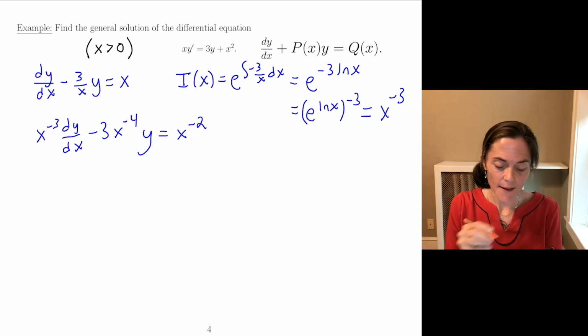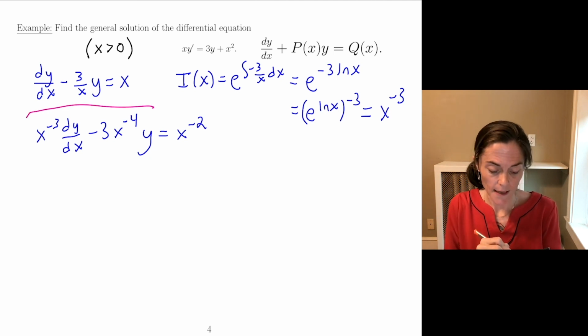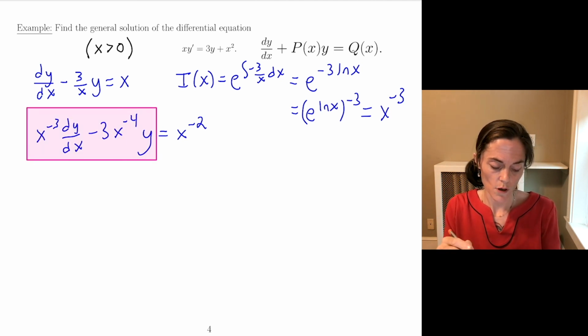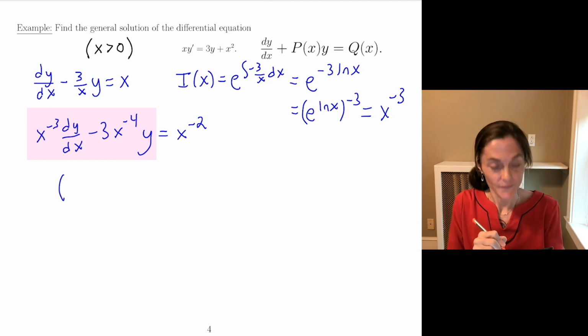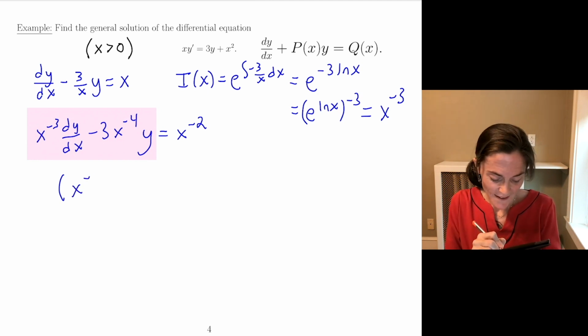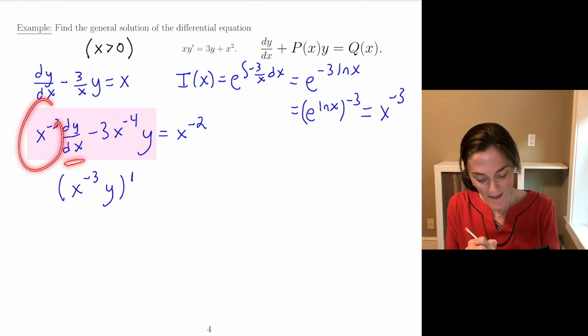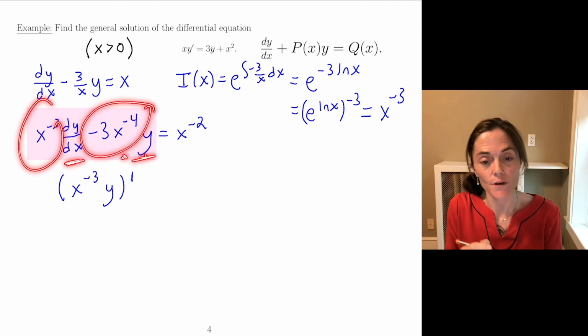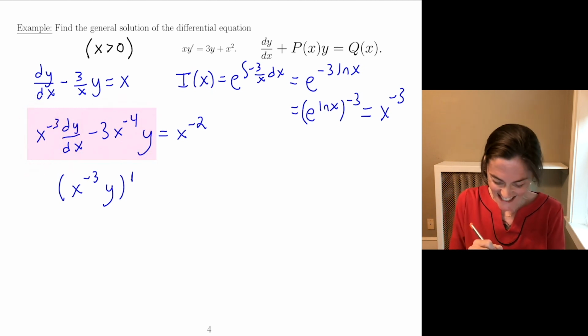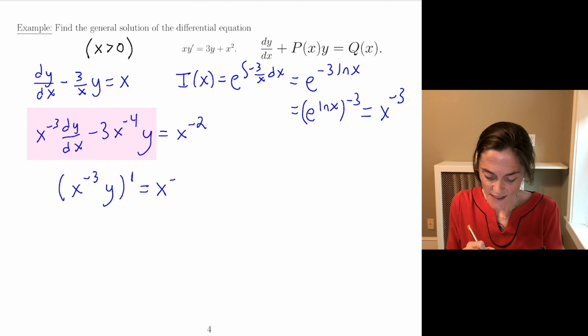So this side, we can definitely see product rule. We have x to the minus 3 y prime, okay? First derivative of the second plus the second derivative of the first, and then this just equals x to the minus 2.